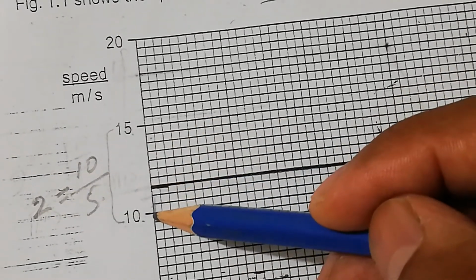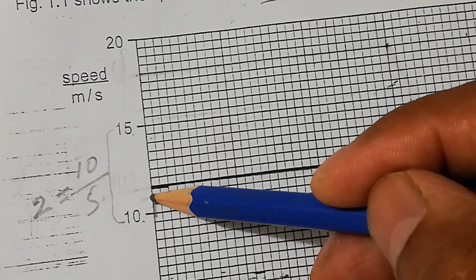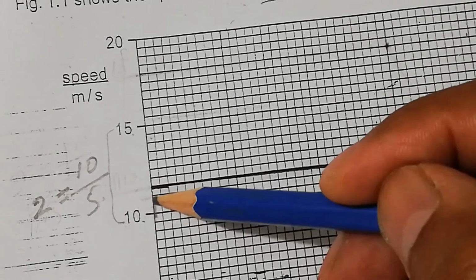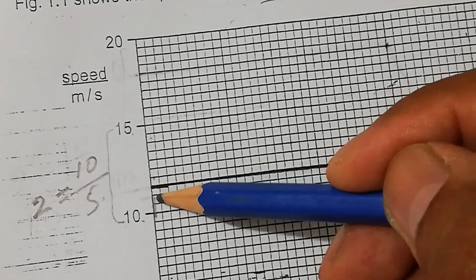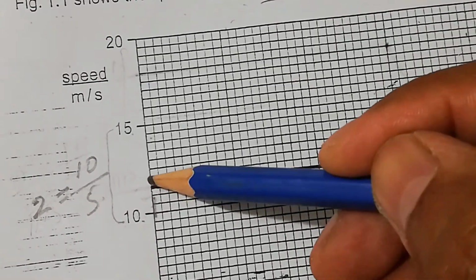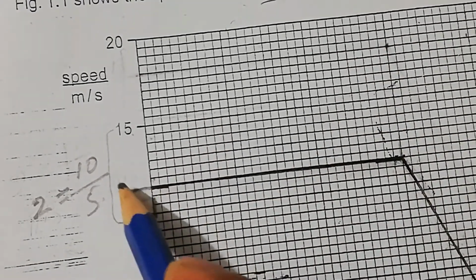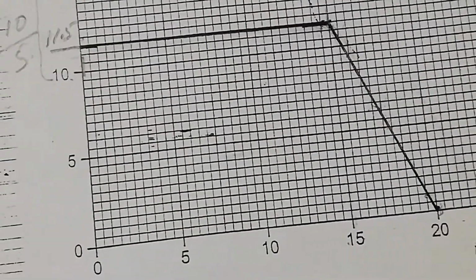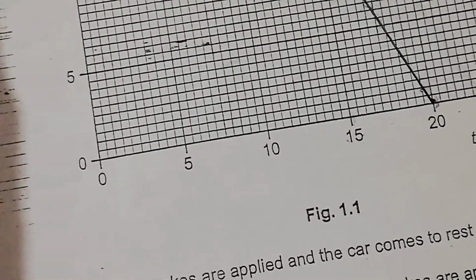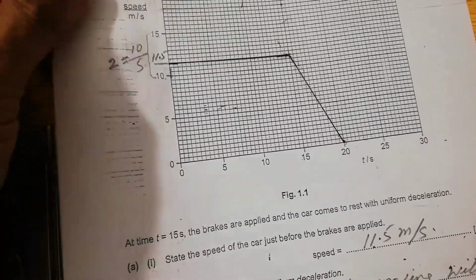It means that 2 small boxes are giving you 1 unit. Then this is 10, this is 11, and this will be 12. Between 11 and 12, this is 11.5. So the speed is 11.5 meter per second.